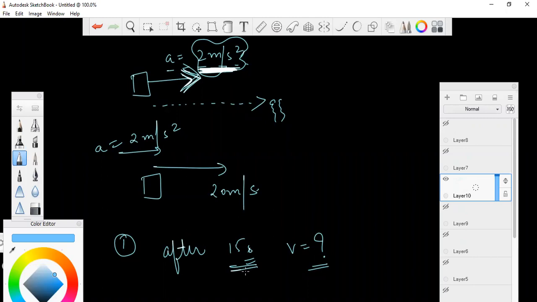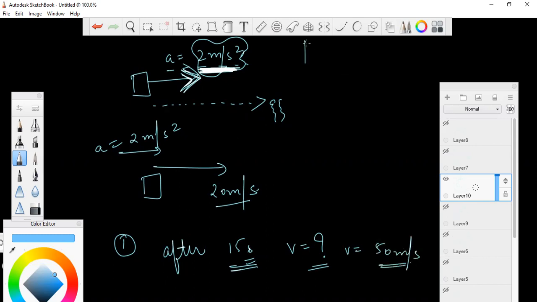In 15 seconds, how much will it increase? 30 meter per second, right? It will increase by 30. It was already moving with 20. Acceleration gives you the change in velocity. So in 15 seconds, if the velocity is increasing by 30 and it is already moving at 20, after 15 seconds what is the velocity? 50 meters per second. Is that clear to all of you?